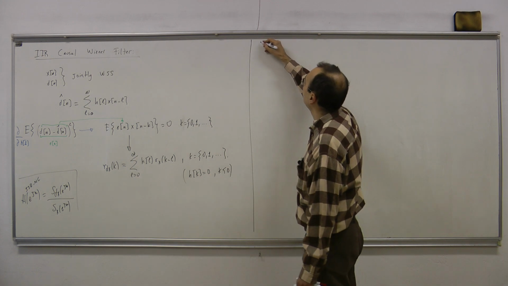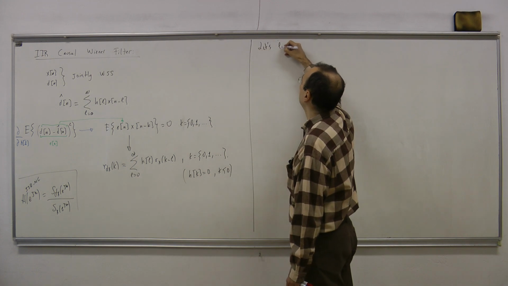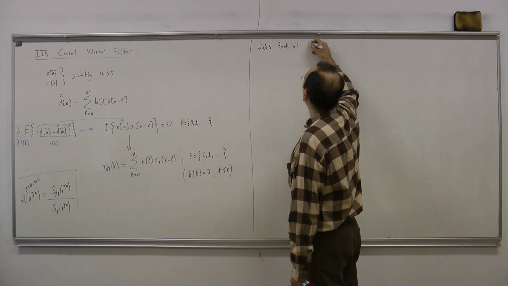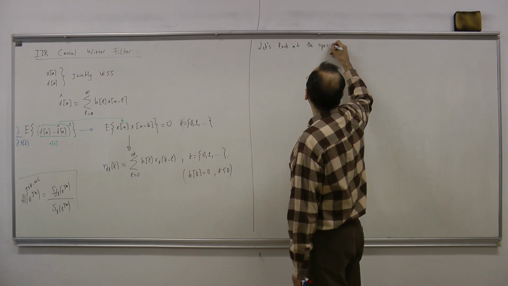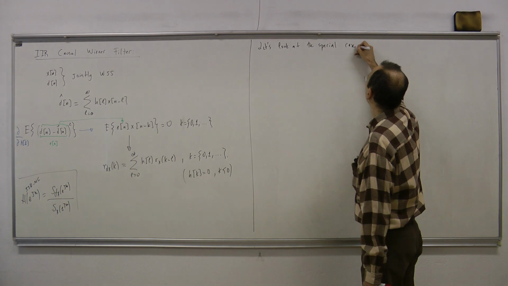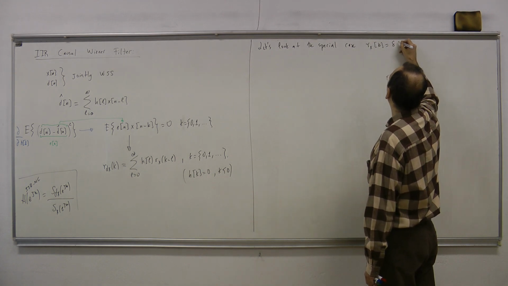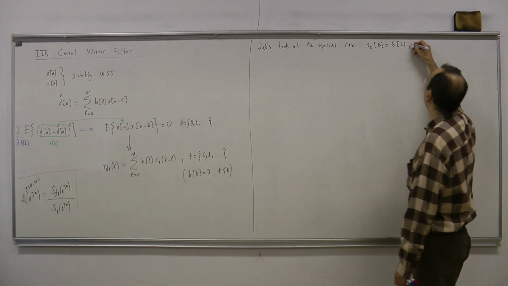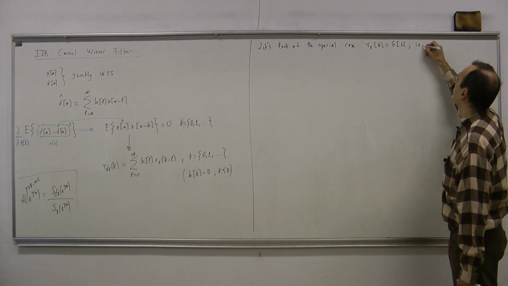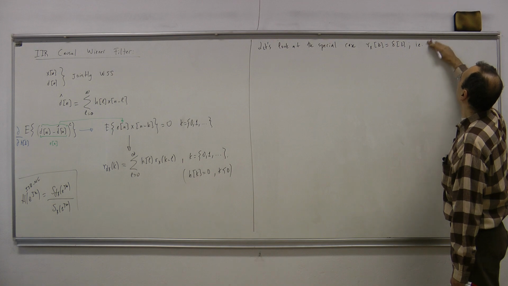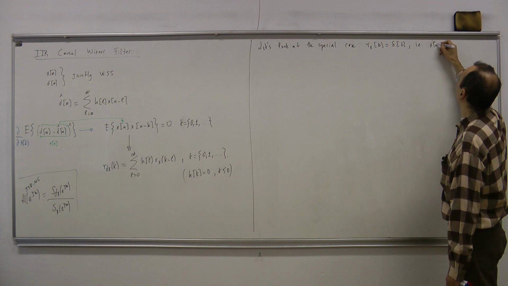Now, this is the new approach: the special case of Rx of k equal to delta k. So indeed it's very special, x of n is white noise.